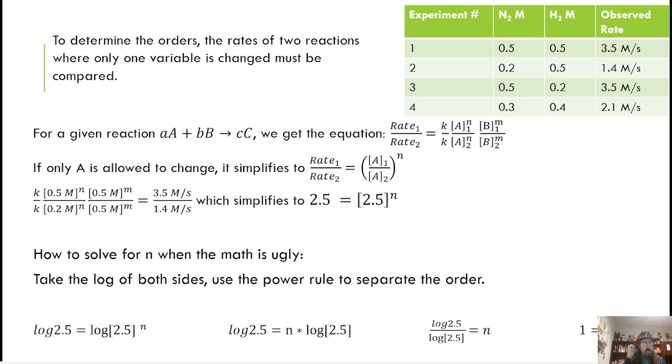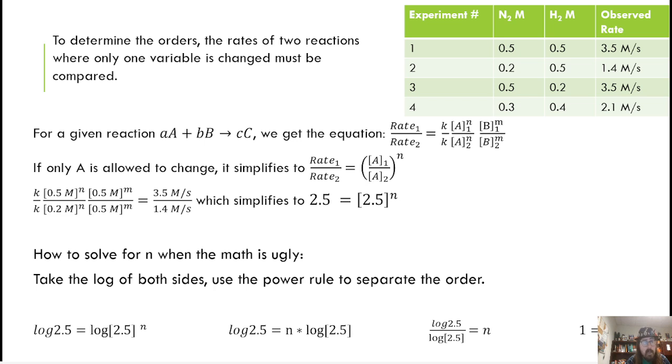So here is the process we can do mathematically. Given a table of values, we are going to essentially use a system of two equations, two unknowns. We are going to compare two equations together. Technically, we don't know K, we don't know M, we don't know N, but we know A and B. When we divide equation 1 by equation 2, or equation 2 by equation 1, it doesn't matter which one we divide, everything that is held constant will cancel out.